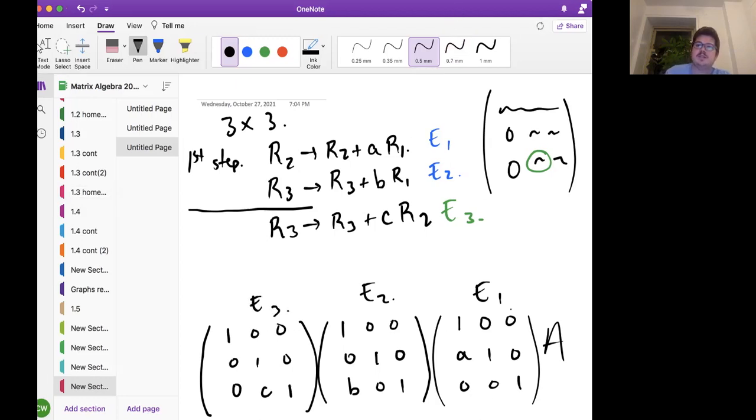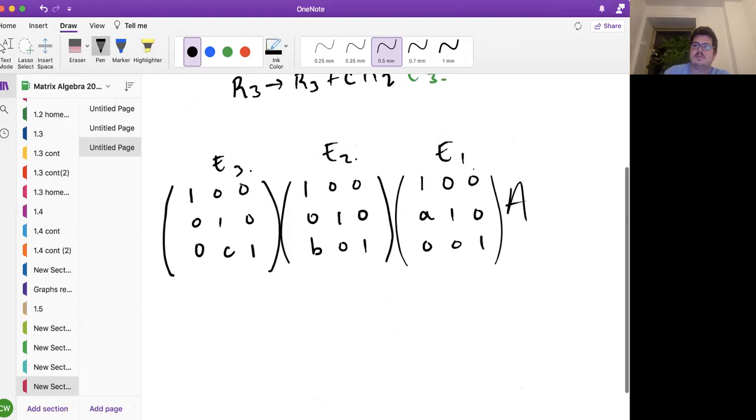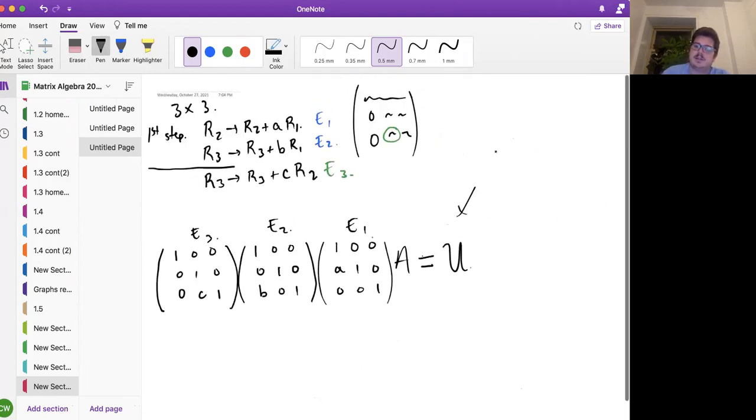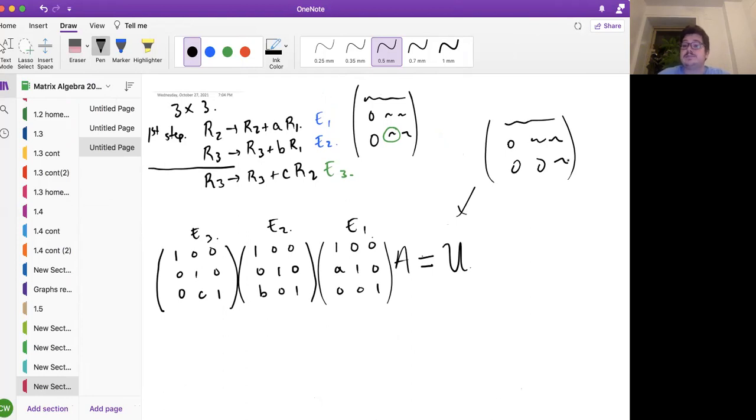So now if you do this, you may not get row echelon form, but you'll get something that's triangular, right? After you do this, this will become something that is upper triangular. Everyone see that? So A, B, and C depend on the matrix, but you at least have these 3 steps, and you don't need to do them with type 2s.